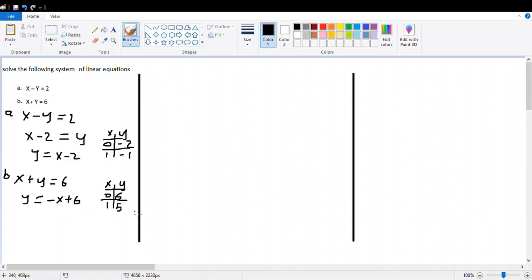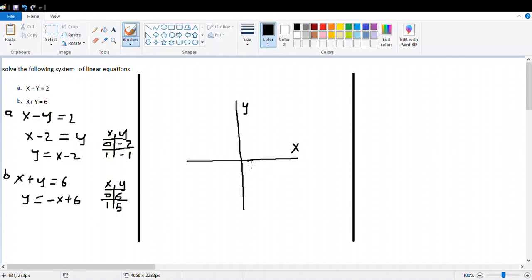Okay, at this point, let me show you very quickly that you have to create the coordinate plane. The coordinate plane is composed of the y-axis, that is the vertical, and the x-axis, that is the horizontal.